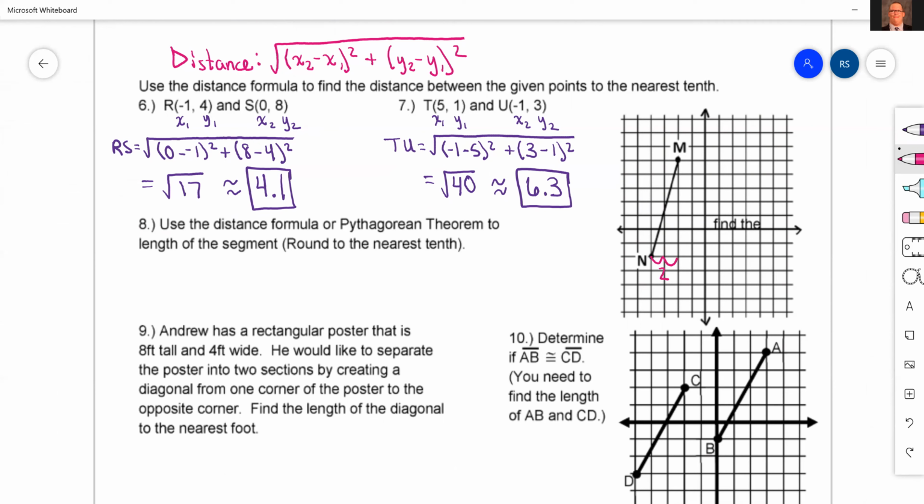Went 2 over. How many up? 1, 2, 3, 4, 5, 6, 7 up. Now, remember the Pythagorean theorem is the one that says a squared plus b squared equals c squared. That's what the Pythagorean theorem says.